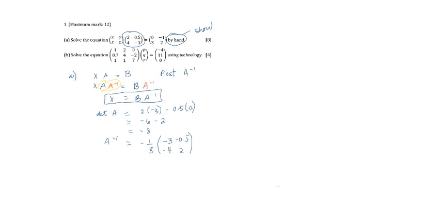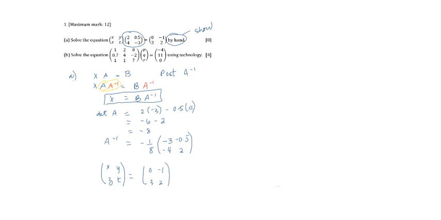So to find X, we shall have our X, which is x, y, z, t, equal to our B. What's our B? 0, negative 1, 3, and 2.